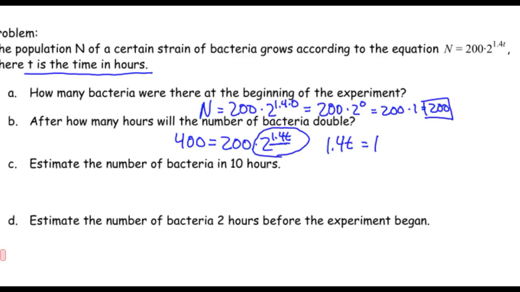And if I think of it that way, it actually becomes really simple for me to solve it quickly. So I can divide both sides by 1.4. And so I get T equals 1 divided by 1.4, let me punch this in my calculator right here, or 0.714.